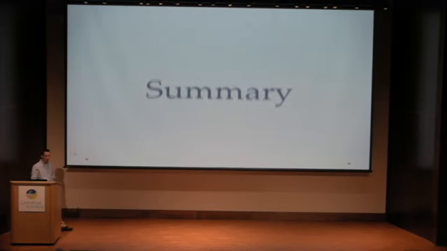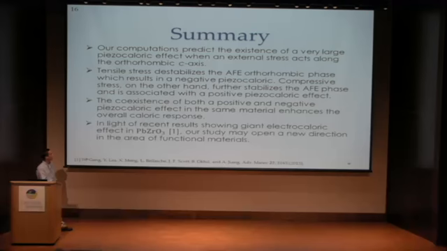To summarize, we showed that we can have very large changes in temperature, the piezocaloric effect, in the anti-ferroelectric phase, with the stress applied along the orthorhombic c-axis, which is what all the graphs I showed you are from. We also showed that tensile stress tends to destabilize the anti-ferroelectric phase of lead zirconate, lowering those order parameters, while compressive stress does the exact opposite and actually enhances the stability.